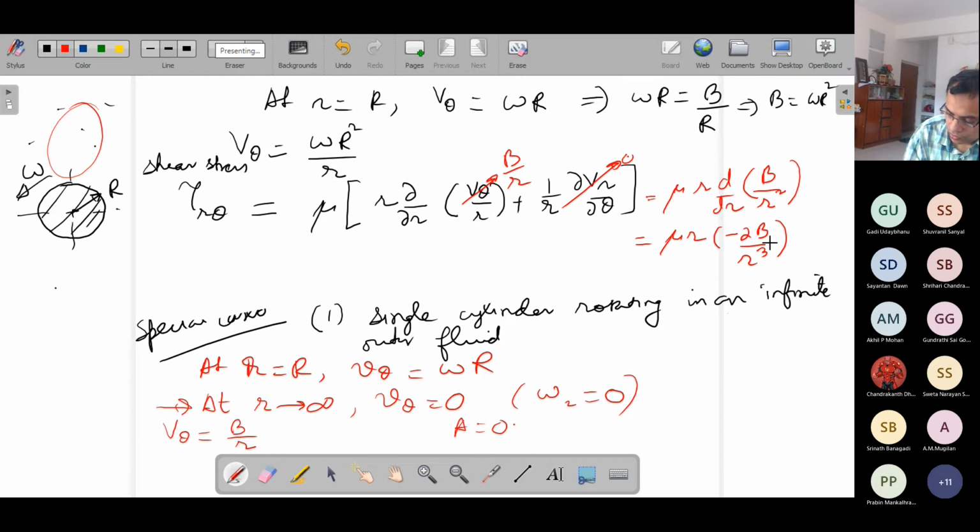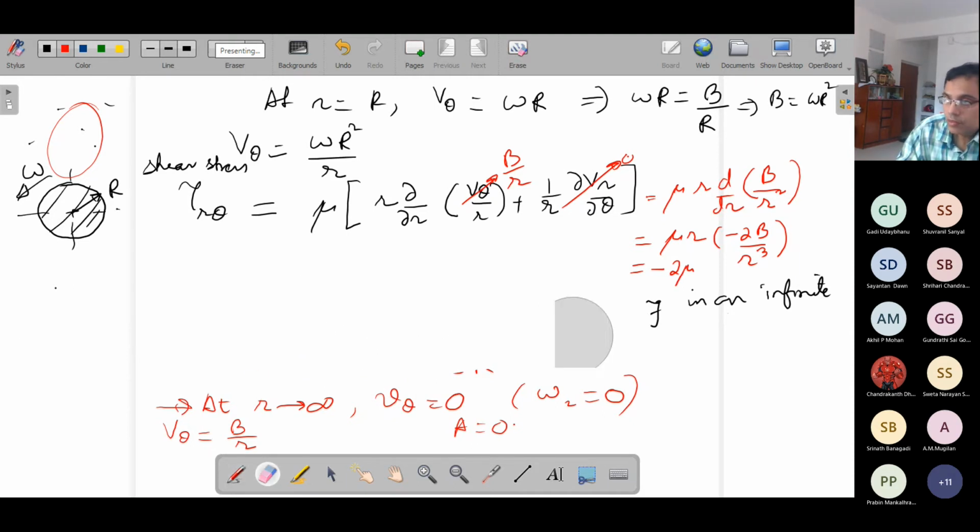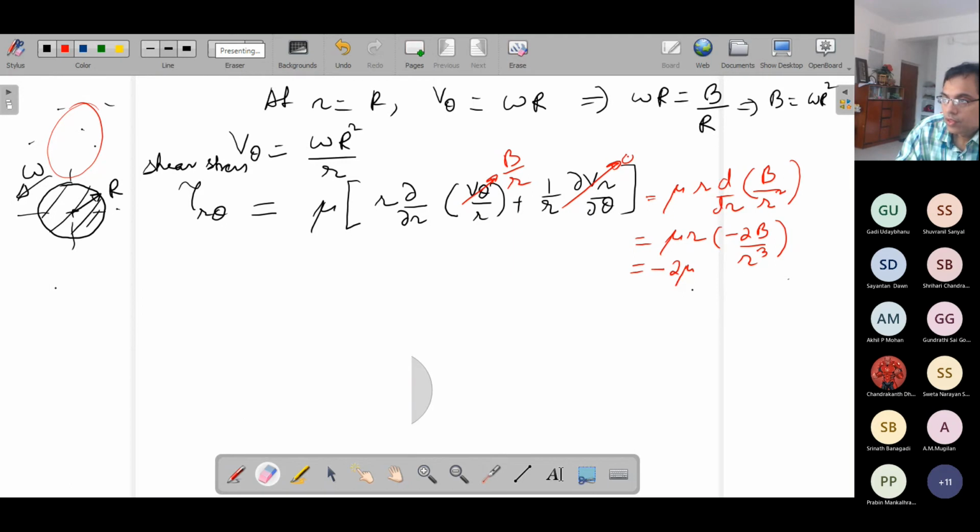So minus 2 mu, in place of B, it is omega R square, by r to the power 4.